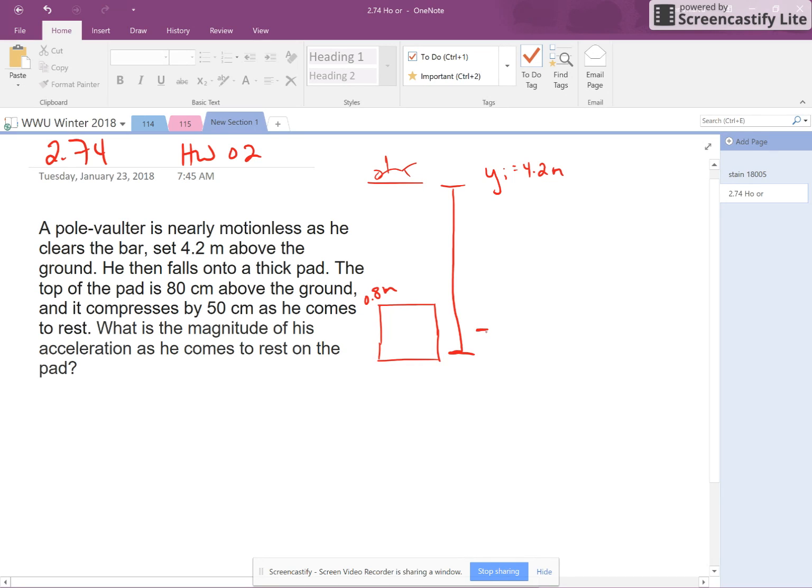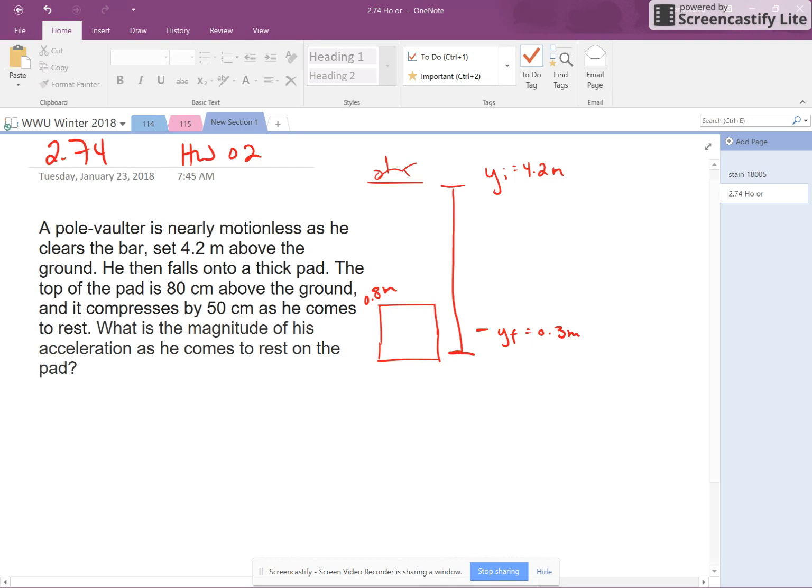But he only ends up compressing the pad by 0.5 meters, so his final height would end up being 0.3 meters above the ground itself.